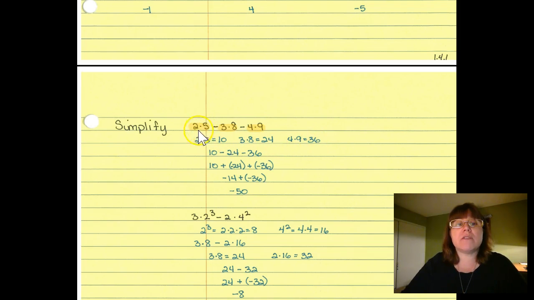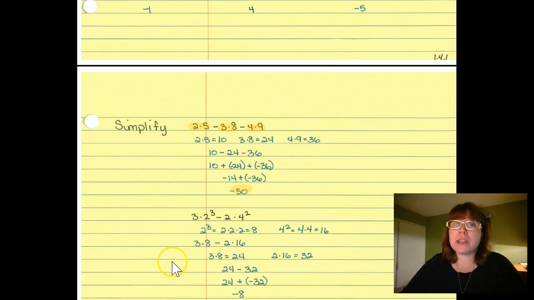So where I saw those groupings of multiplication, I'm going to replace them with the results. So it's now going to be 10 minus 24 minus 36. Well, that's going to be 10 plus a negative 24 plus a negative 36, giving me negative 14 plus a negative 36, so the end result is negative 50.